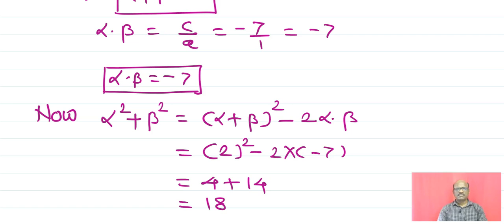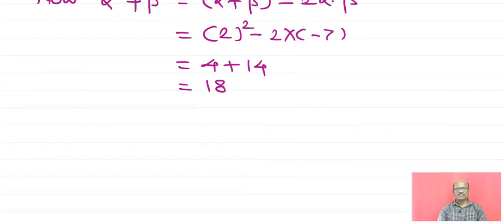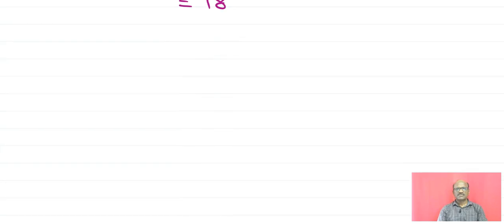Next, second, that is alpha cube plus beta cube.